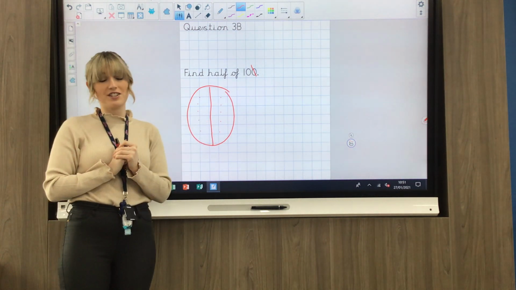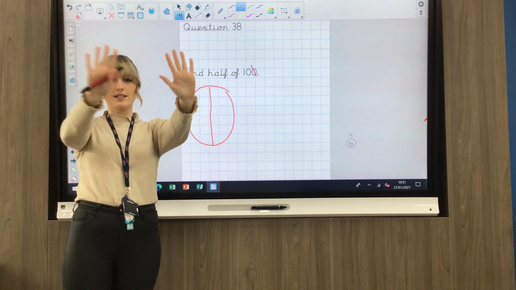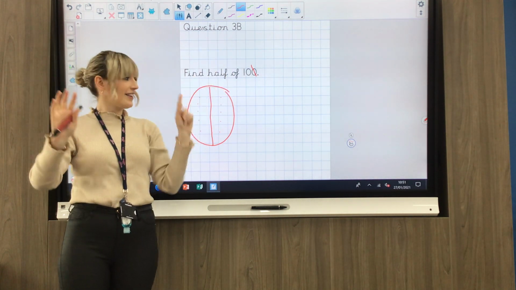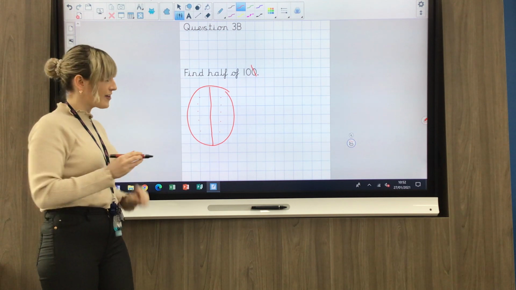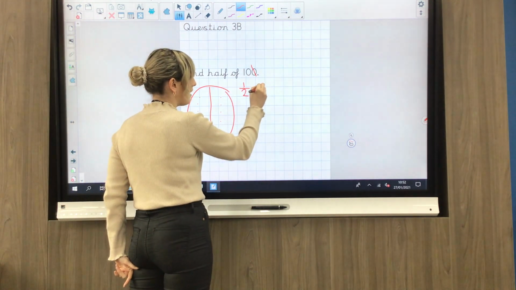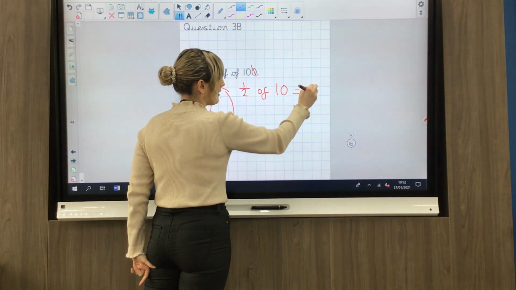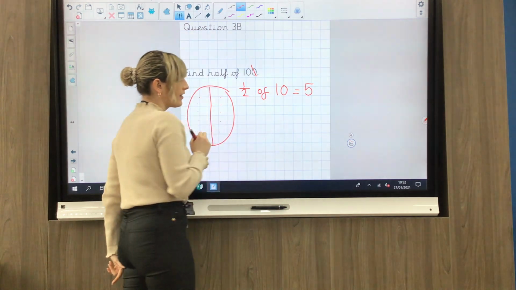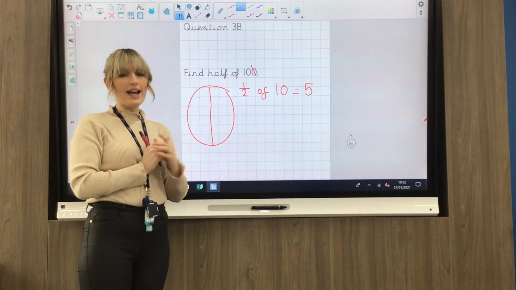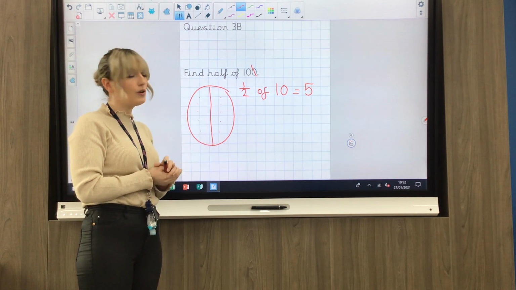I'm sure you already know half of 10. Just think about your hands. You've got 10 fingers. Split them in half. The answer is 5. So we know then that a half of 10 equals 5. Now we've taken away the 0 and we've made it 10 times smaller.